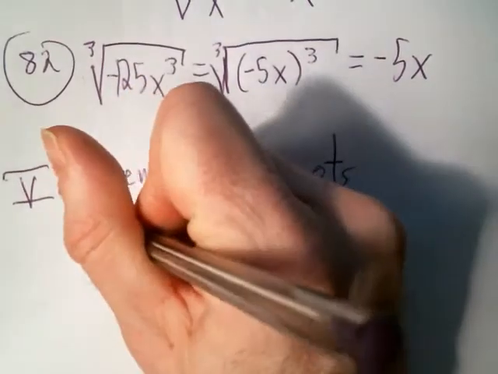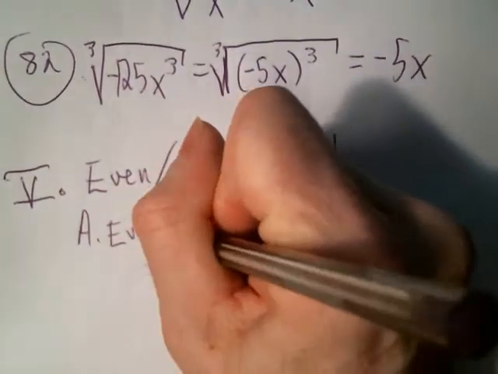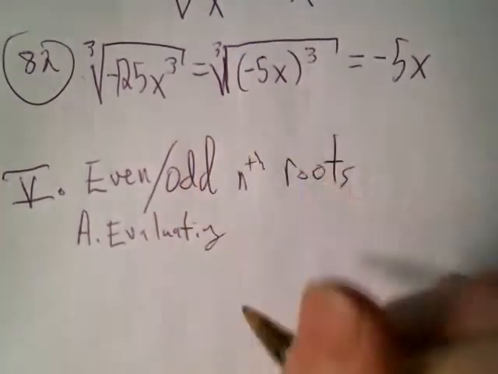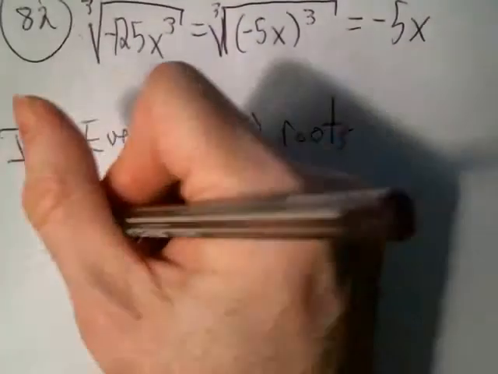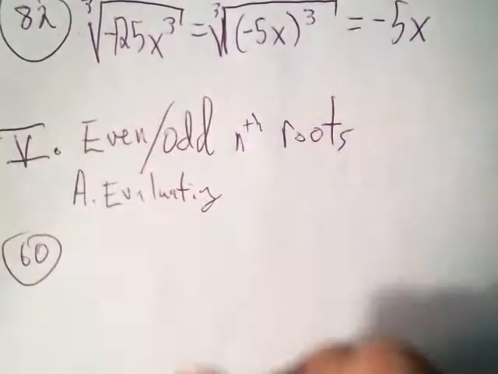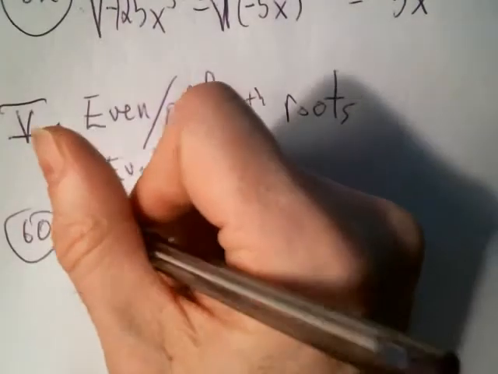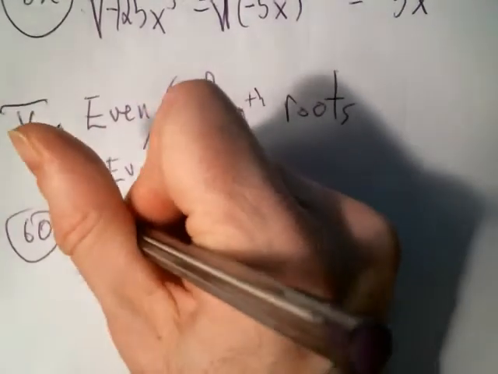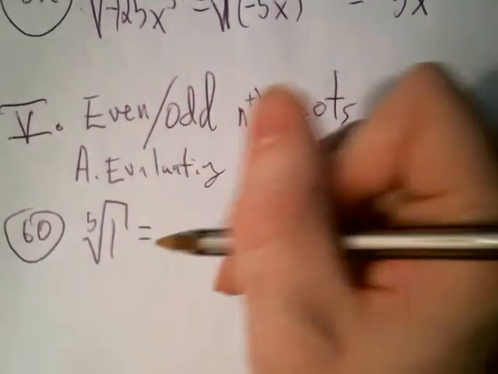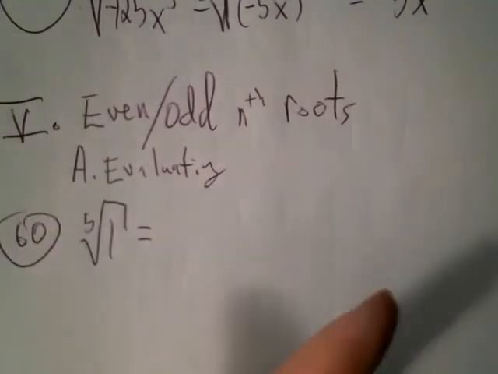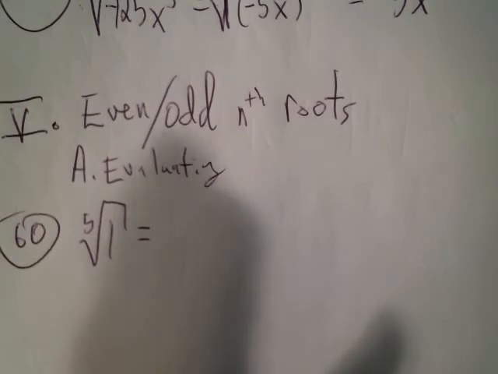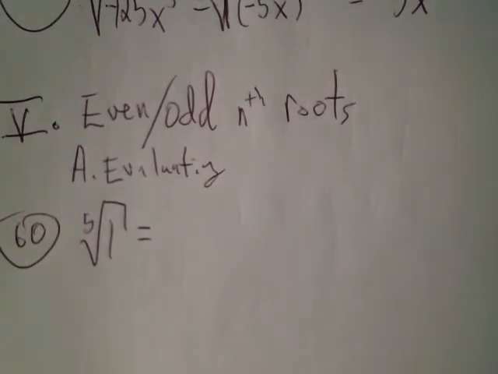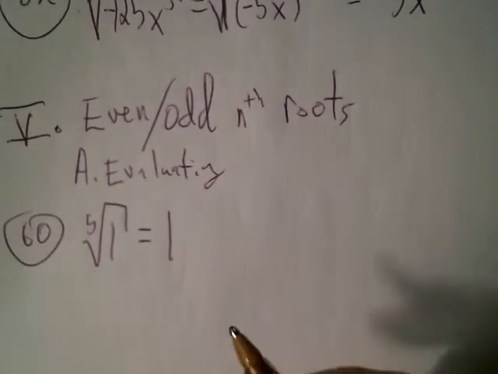In the beginning, we'll just work with evaluating them, or the arithmetical versions. So you're just working with numbers in the beginning. You don't have to worry about variables. So here I got the 5th root of 1. Okay, so what times what times what times what times what is equal to 1, of course.